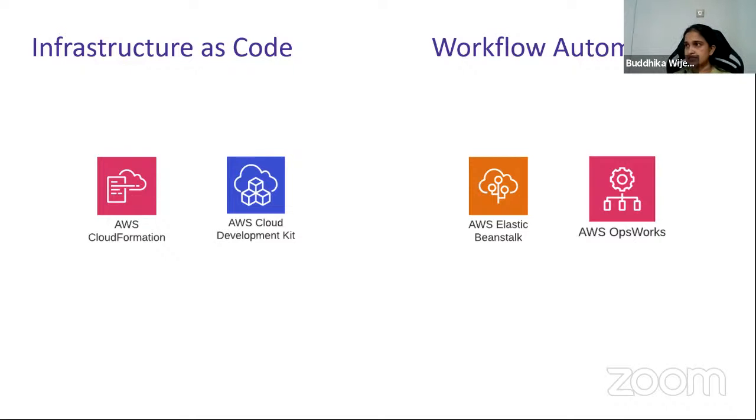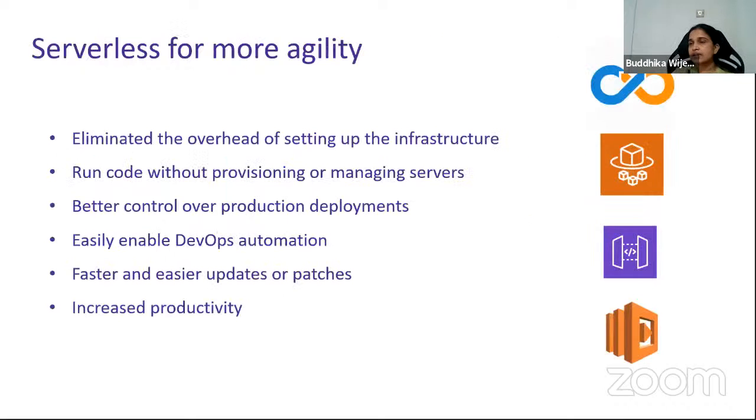for your applications. And the other factor is about going serverless. Serverless, or function-as-a-service products, and also containerization services like ECS can be used to have more agility in your applications.